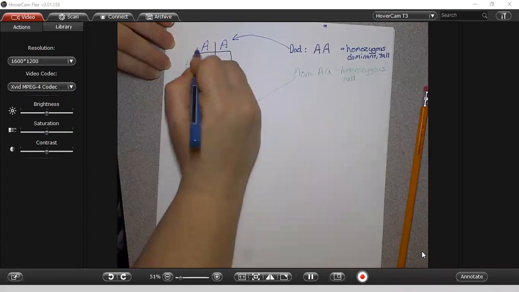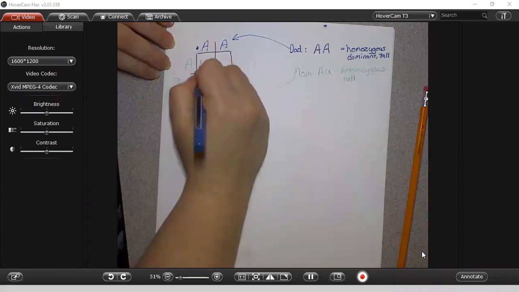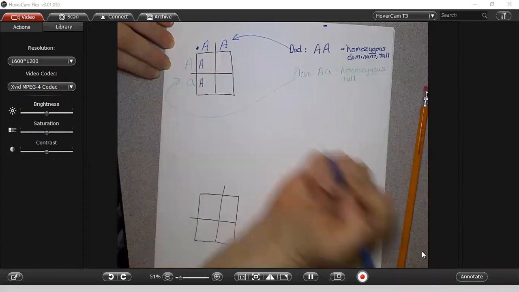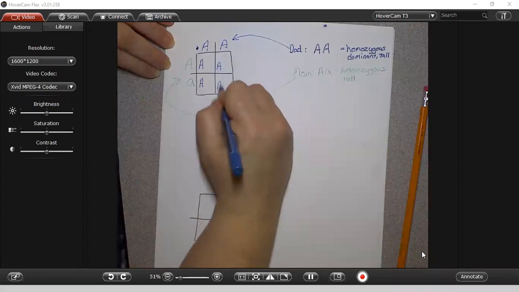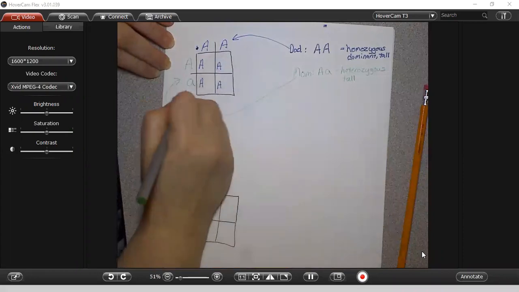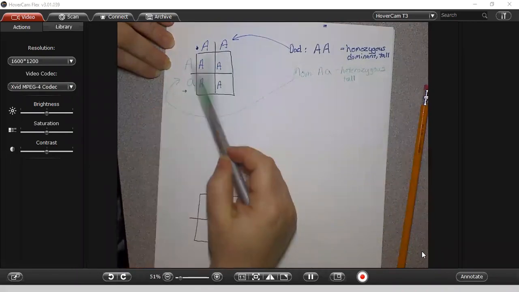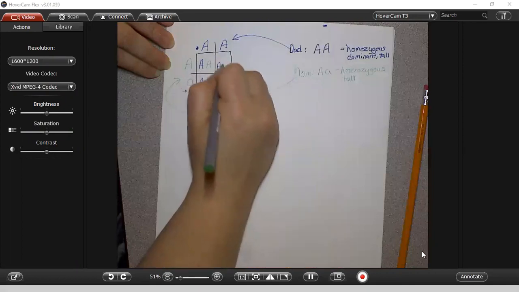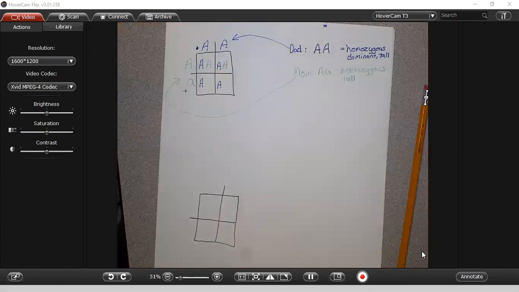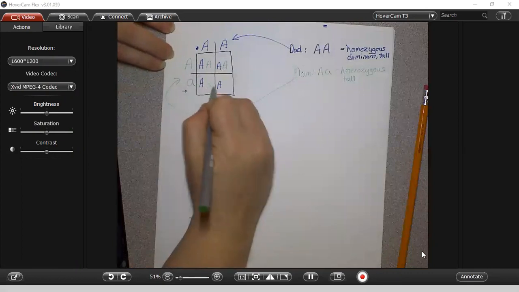So you're going to take dad's alleles down. So his capital A gets carried down to both boxes in both columns. And then you take mom's alleles across. You can switch these. It doesn't matter which one you put in which place. You just have to know that you have 1 on top, 1 on the side. The top ones carry down, the side ones carry across. So then this little A goes here and here.